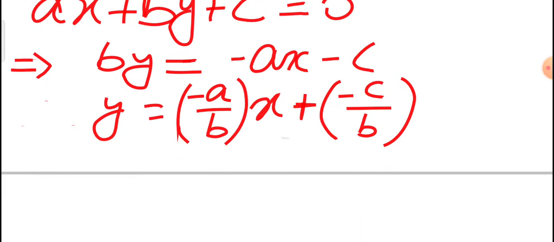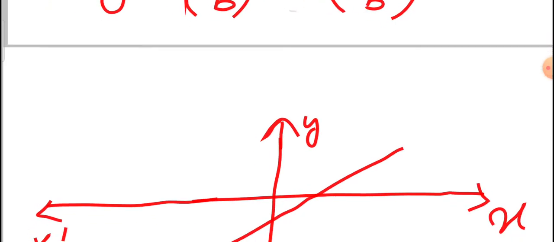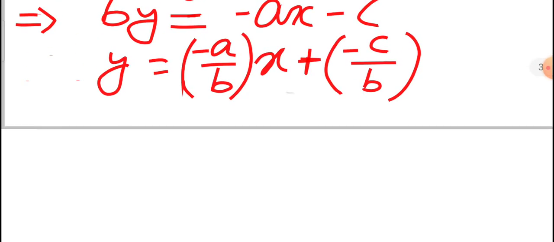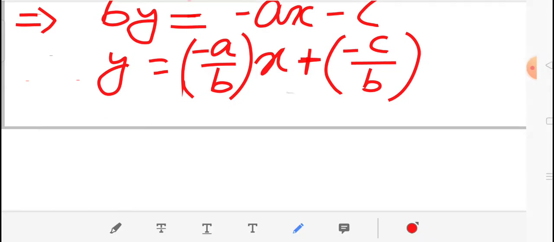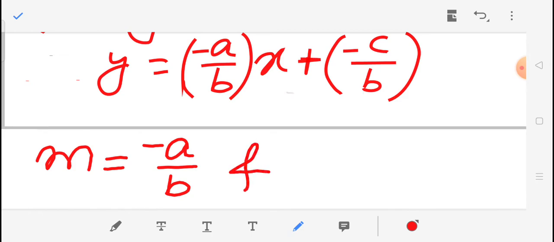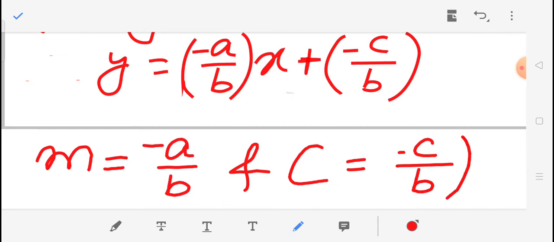So if we compare it, we get slope m equals minus a divided by b, and capital C, that is representing the intercept, equals minus c divided by b.